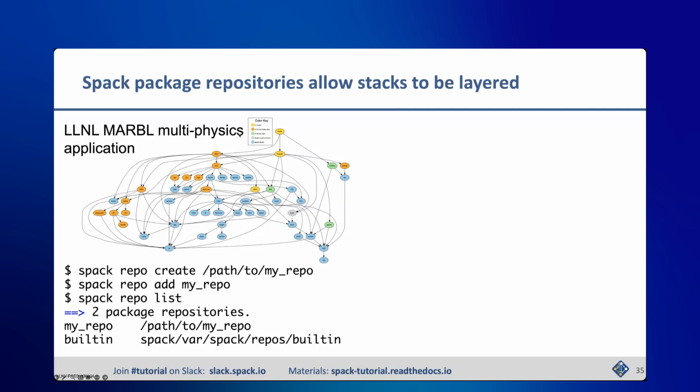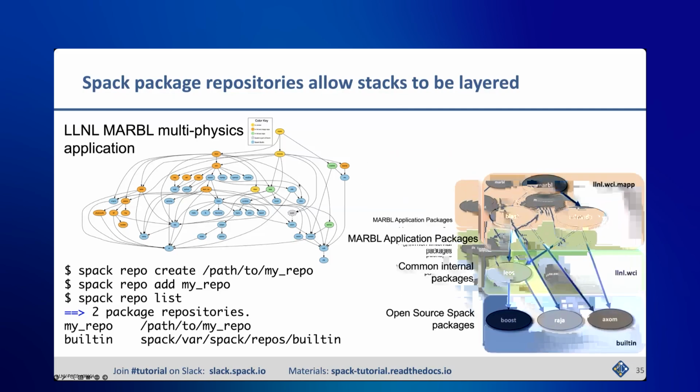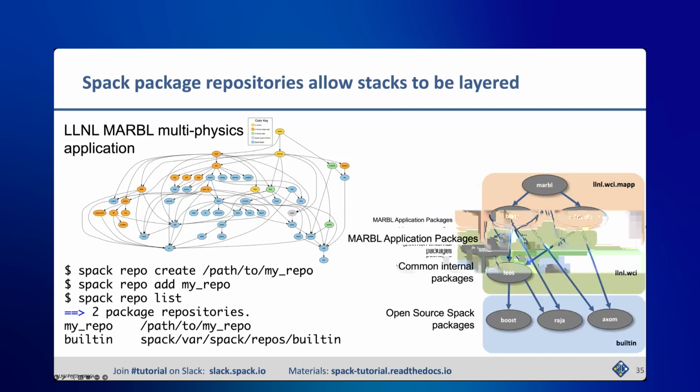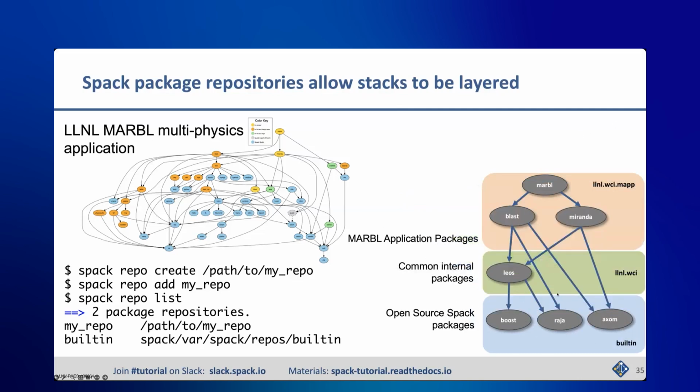And so you can see here that there are lots of different layers in Marble, and essentially a lot of teams will build something that might look like this, where you've got all the open source packages down at the bottom. People try to push those up to mainline as much as possible because we maintain that over time. There might be a set of packages for your working group or for your division.